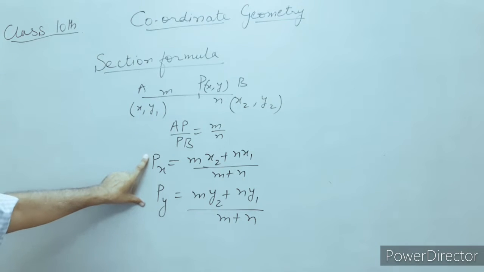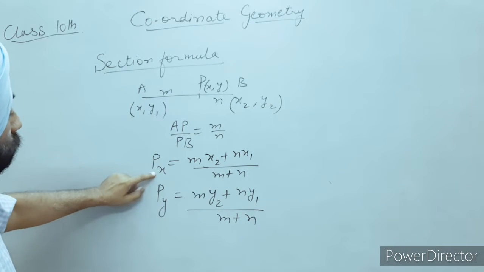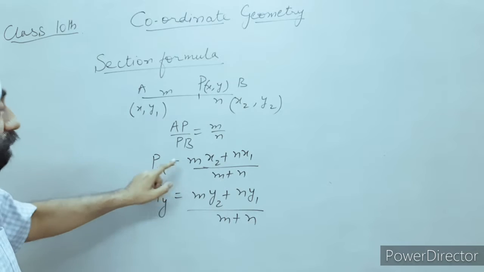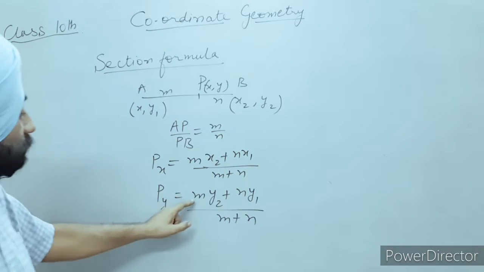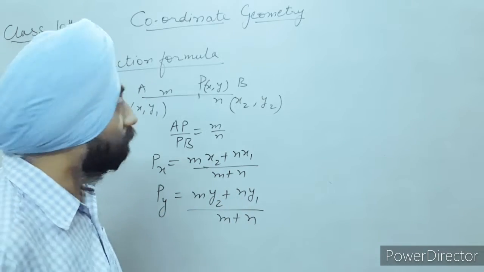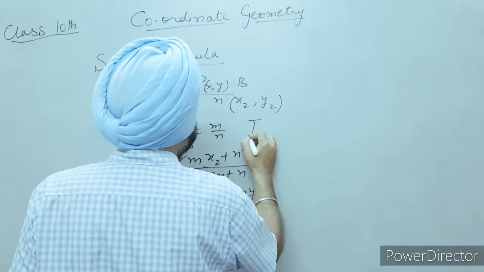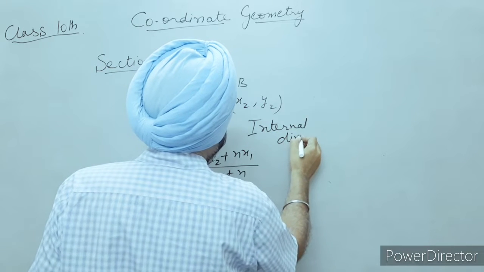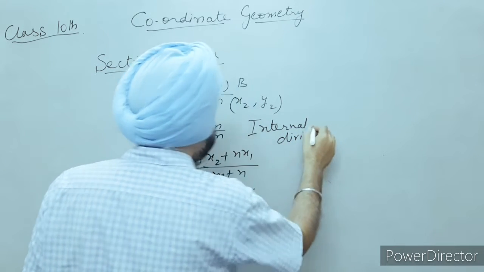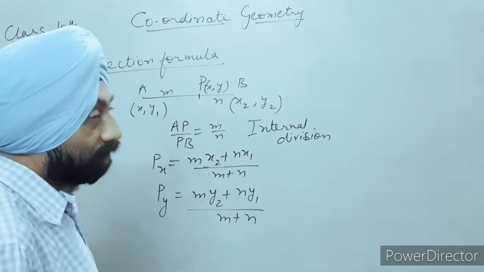These are the coordinates of point P. The abscissa is this, and the ordinate is (m y2 plus n y1) upon (m plus n). This is for internal division, that is, point P lies within AB.